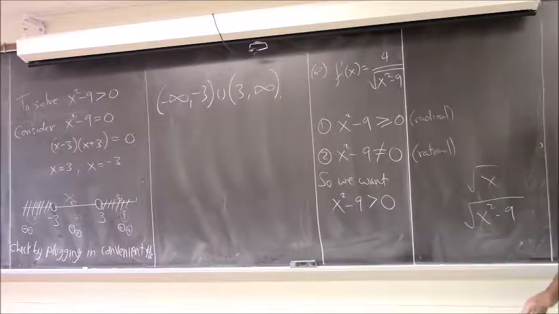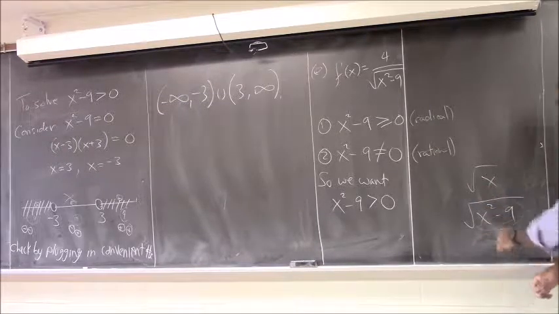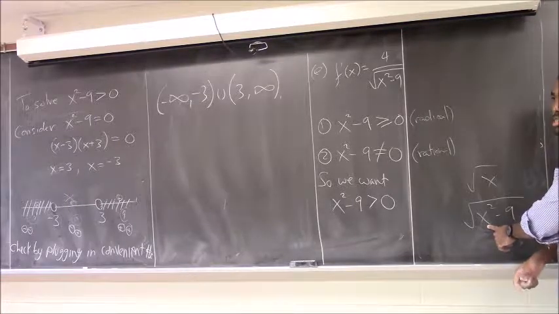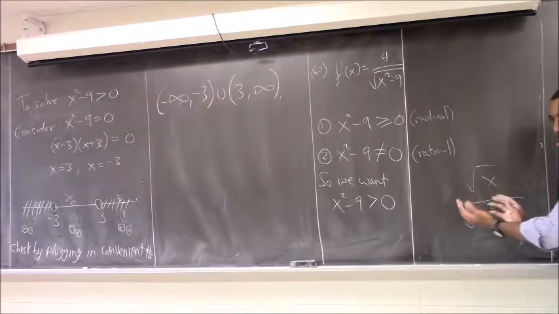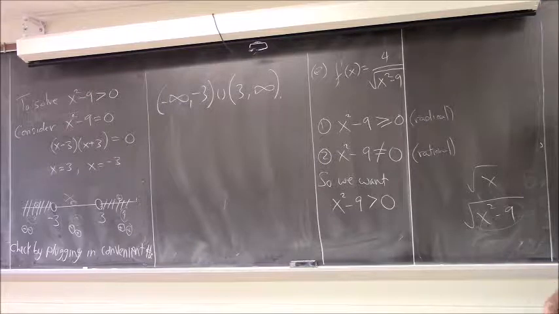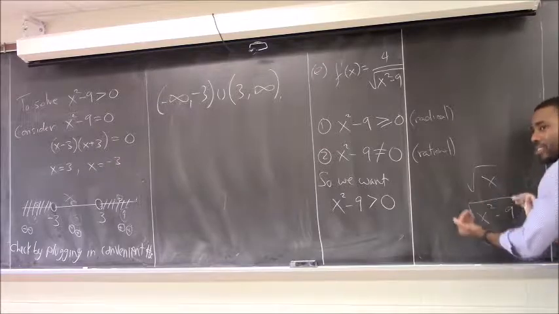The rule for radicals is if it's an even number, the entire thing underneath it needs to be positive. So the x value itself could be anything in this case, as long as the entire whole that's under the radical is positive. And you can realize here, if I plug in, say, negative 4, I'm squaring it so it becomes positive, and then I minus 9, it's still going to be a positive number.